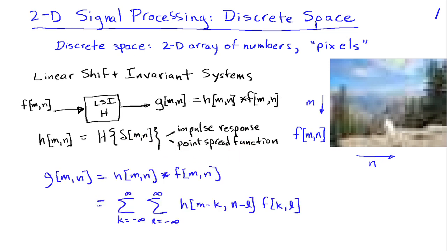We can write out the convolution over the two-dimensional space as h convolved with f is the sum k equals minus infinity to infinity, L equals minus infinity to infinity, h of m minus k, comma, n minus L, f of k, comma, L. So it has the same form as one-dimensional convolution with the exception that now we're doing these operations over two variables and we're getting two output variables. So k and L are the variables that we're summing over, and m and n are our output variables.